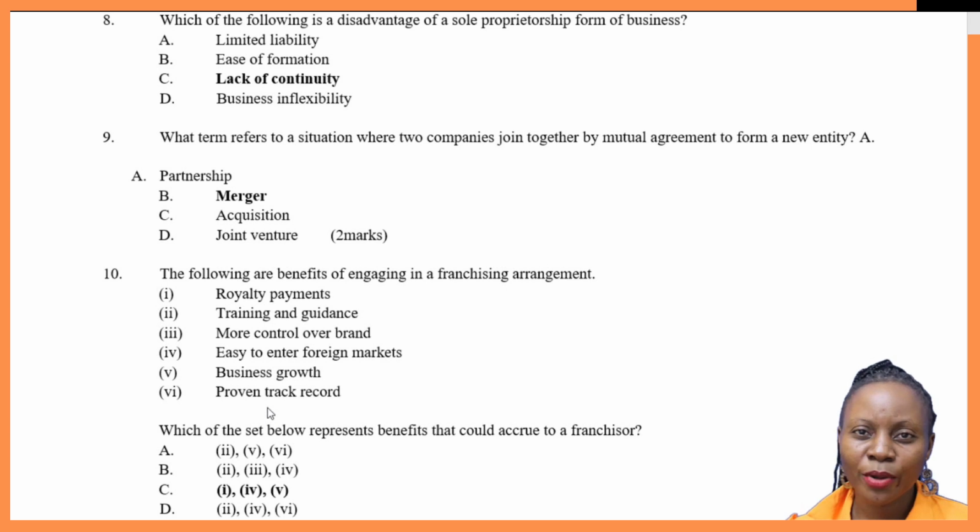You might use that money to open other businesses or to grow the current business that you have. So those are some of the benefits that a franchisor will accrue through a franchising agreement.